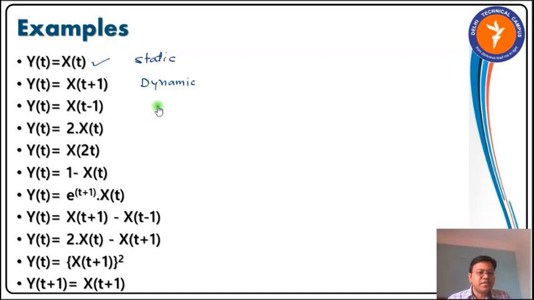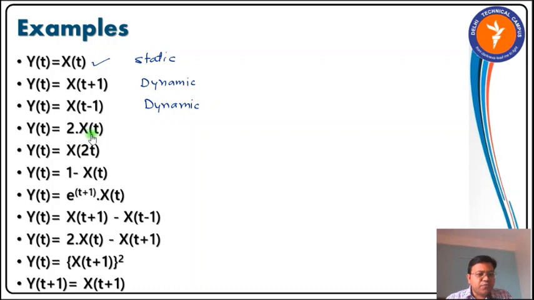This is a dynamic system. In the same way, we can see the output is dependent on the delayed input, so we will say that the system is dynamic. Now here we can see there is a scaling of input, but the scaling of input can be done, but the time scaling of input cannot be done.